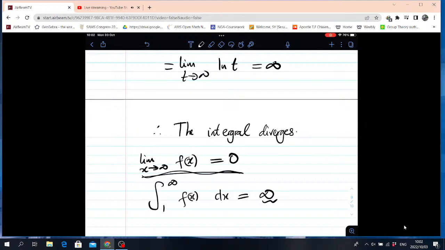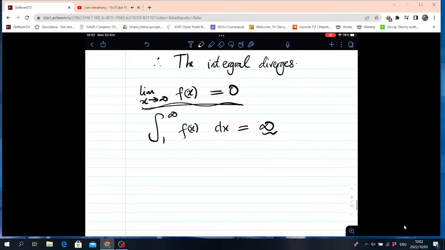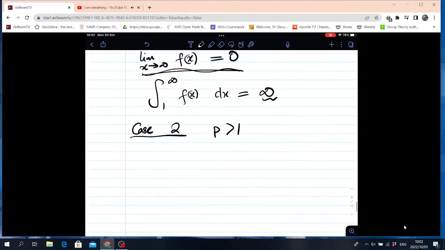Right. Let's go to the next case, and we are going to look at case 2, when p is greater than 1. What happens? Then we've got I is going to be equal to the integral from 1 to infinity of 1 over x to the p dx.